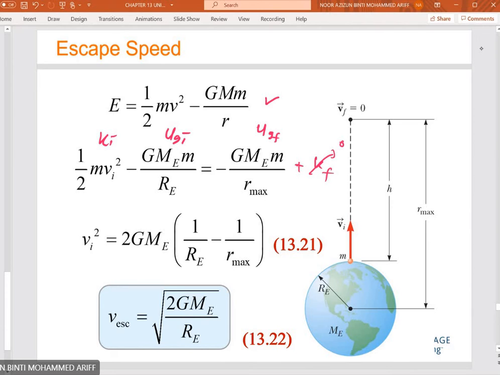From this equation, I simplify to calculate the initial velocity of this object when you want to have escape speed.